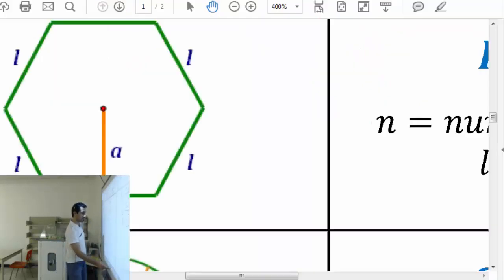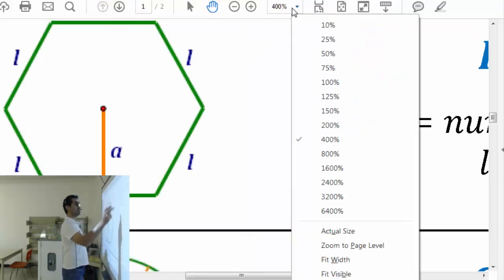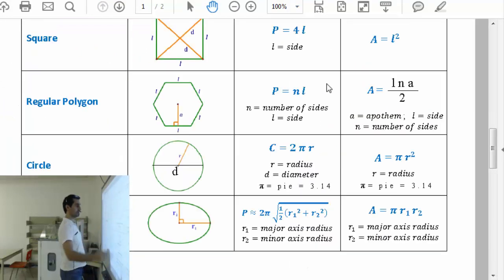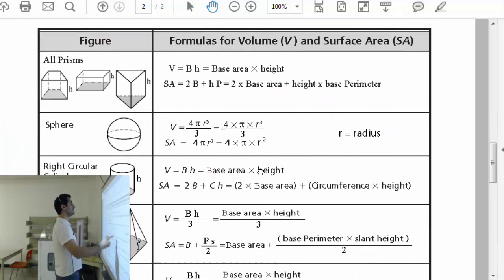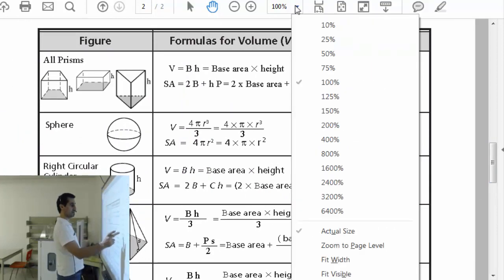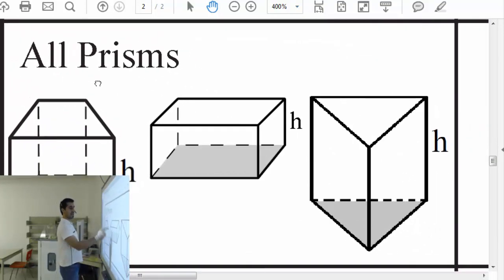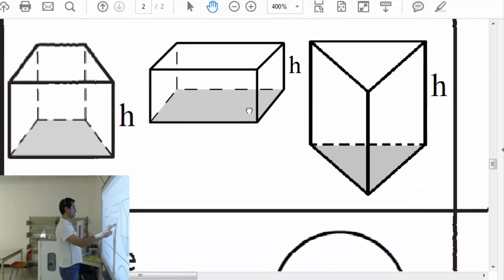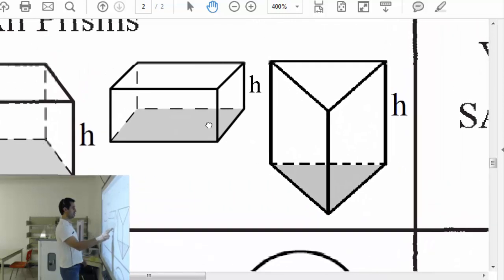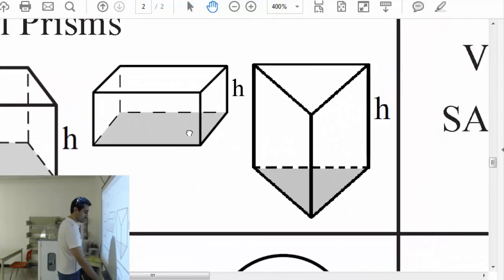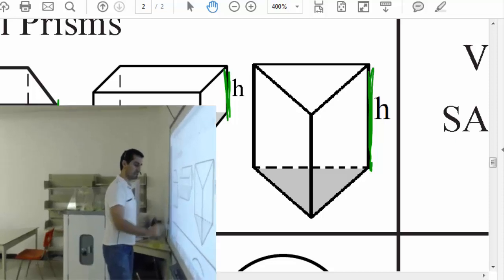Let's go back to the formula handout. Make this smaller, and go to the next page. Make that 400. And there isn't any polygon here, but it doesn't matter. So I know height is that. Height is that. Height is that.